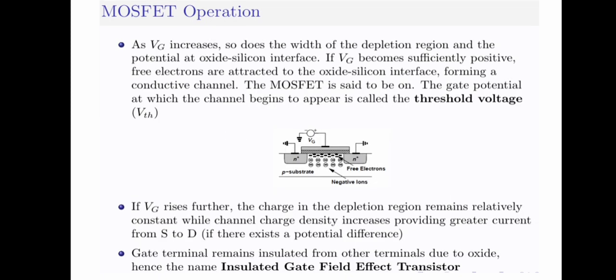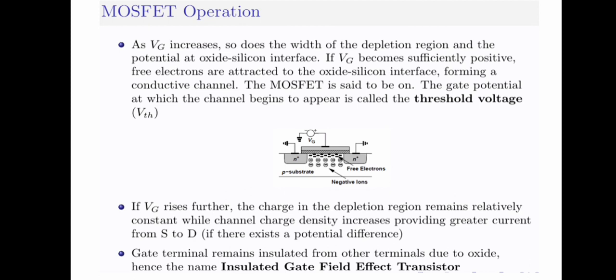As the gate voltage VG increases, so does the width of the depletion region. If VG becomes sufficiently positive, the free electrons are attracted towards the oxide silicon interface, forming a conductive channel, and the MOSFET will be on at this time.